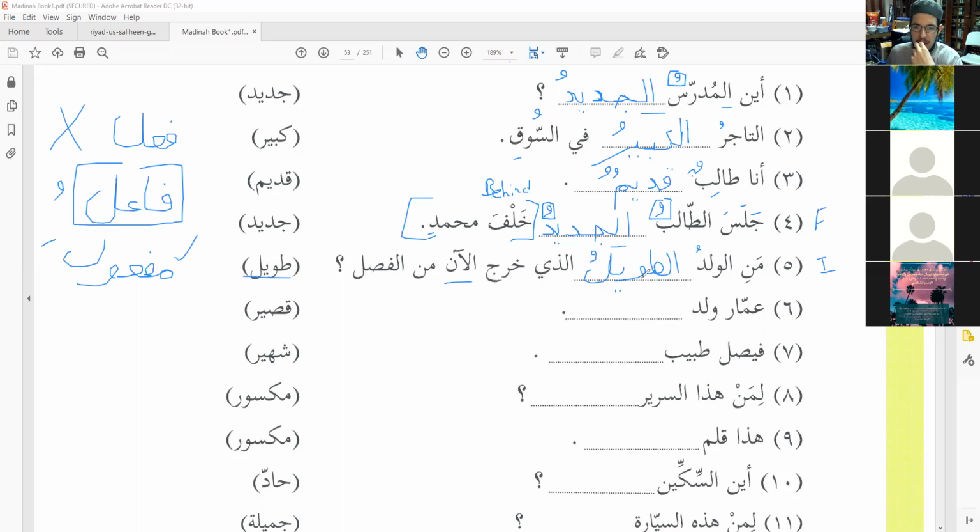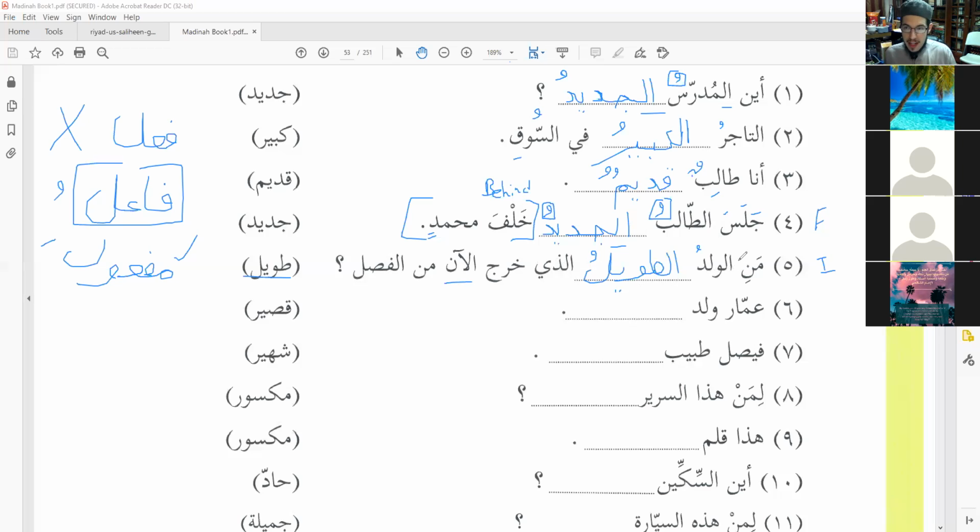Well, I guess it's a jumla ismiya, and then the fi'liya is part of it. I think it is part of the khabar. Yes, fantastic. Because the subject is who is the tall boy. So the tall boy is the subject, and then what about him? He's the one who just came out of the class. Very good. Excellent. Yes.